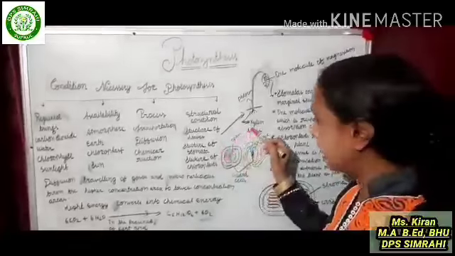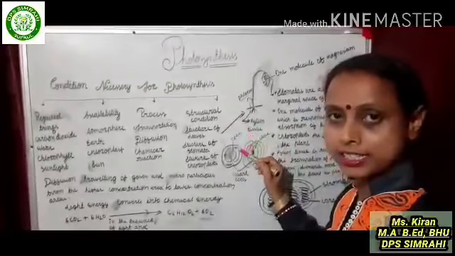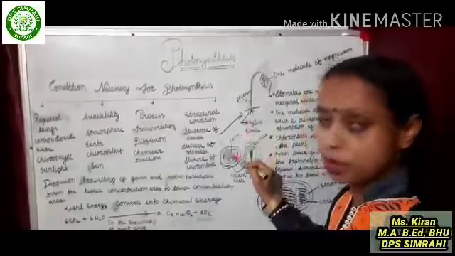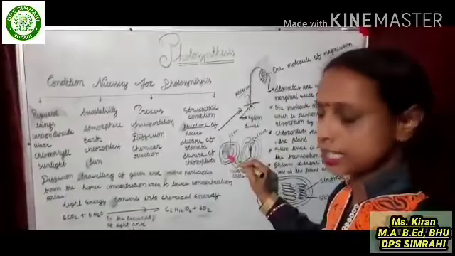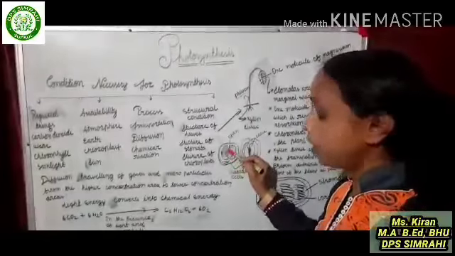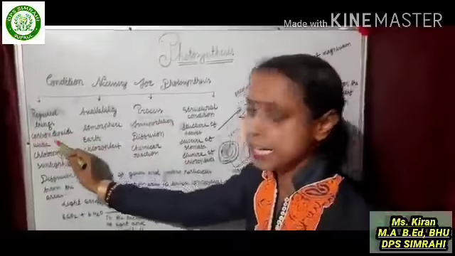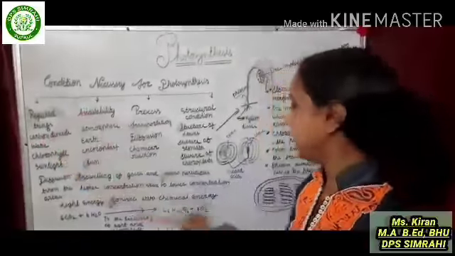Then the traveling starts, from higher concentration to lower concentration, and the stomata get their food material.